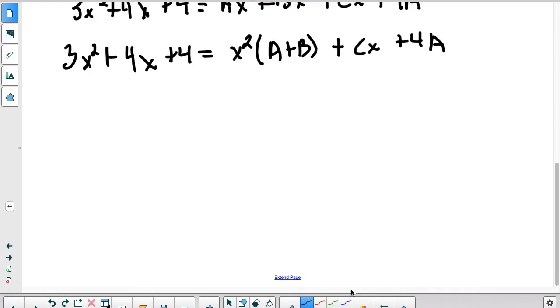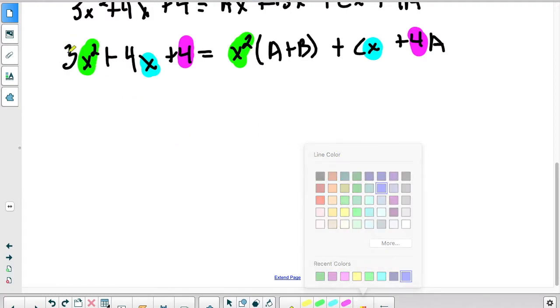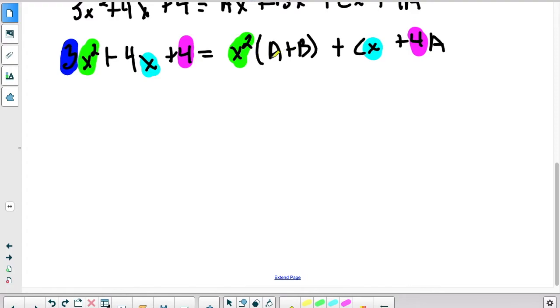Now, again, this is different than what we've done before. What I notice is that we have our x squared, we have an x, and we have 4. So this x squared and this x squared match up, x and x, 4 and 4. These match up. So what this is telling me is that this here and this here are going to match up.